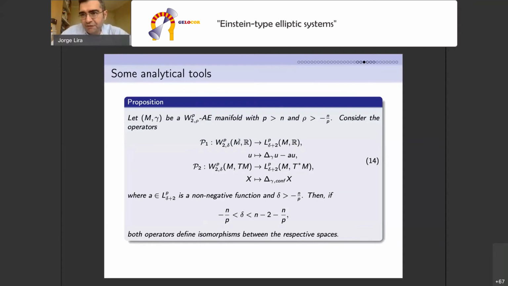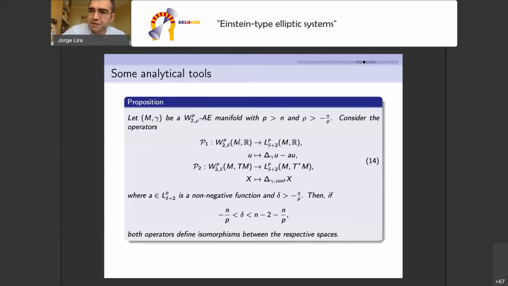So this rate of decay permits to choose also the rate of decay of the Sobolev norms of tensors. Each tensor, you consider the metric, the second fundamental form, the scalar fields, you consider each of these tensor fields. You are assuming that these tensor fields belong to some Hilbert spaces whose norm decays also in these ends of this space. So at the same time, you are assuming that M has this decaying metric in the sense that the metric is closer and closer to the Euclidean metric at each end.